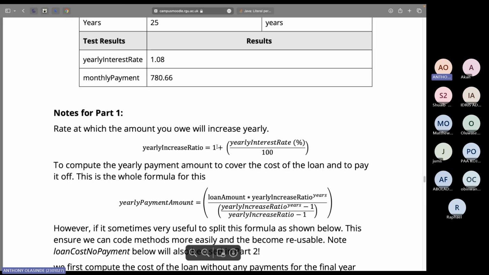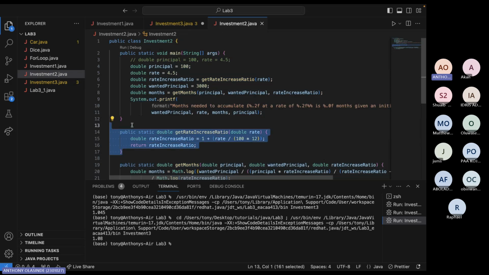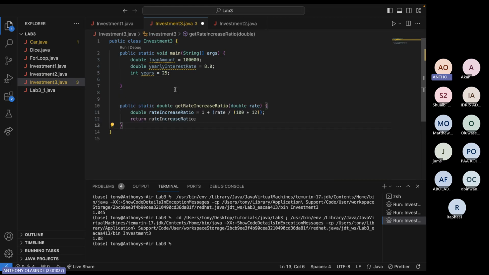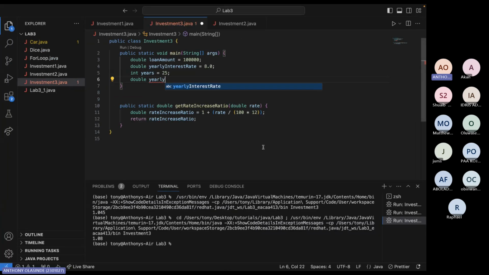Then we have this formula to calculate the yearly increase ratio. So I'll just go and copy this one. I've already done that before. Copy, bring it here. So I can say my double yearly increase ratio equals get increase ratio based on the yearly increase rate.